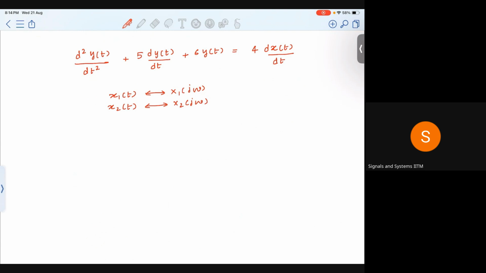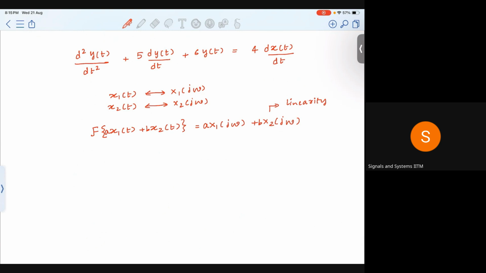So Fourier transform is linear, so the Fourier transform of x1 of t plus x2 of t is x1 of j omega plus x2 of j omega, correct? It's also linear in the sense a times x1 of t, b times x2 of t has the Fourier transform a times x1 of j omega, b times x2 of j omega. So this is known as the linearity property of Fourier transform, right?